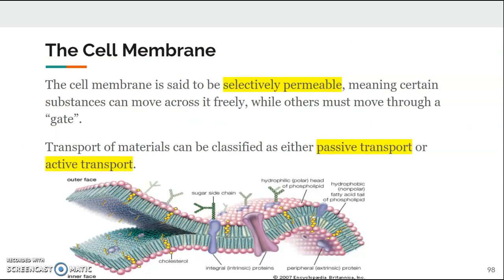All right. So the cell membrane is said to be semi-permeable or selectively permeable, means that some substances can move across freely while others have to go through a gate, right? The transport of materials can be classified as either passive transport or active transport.